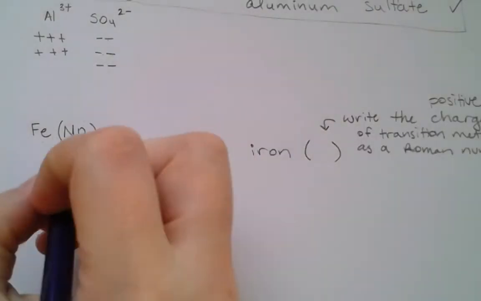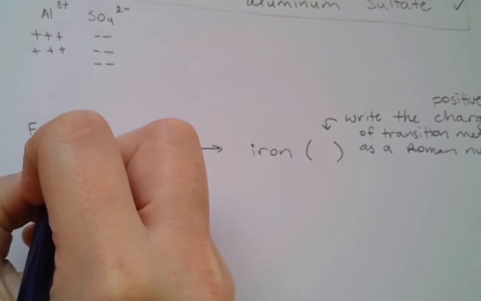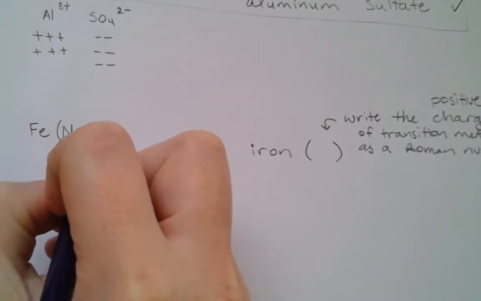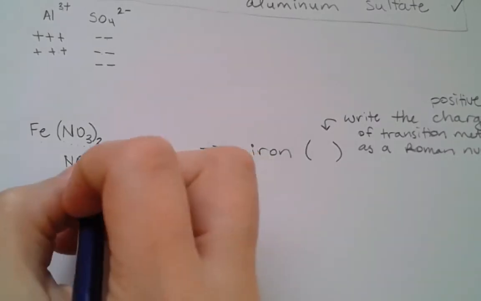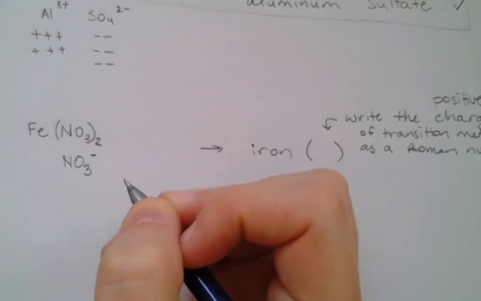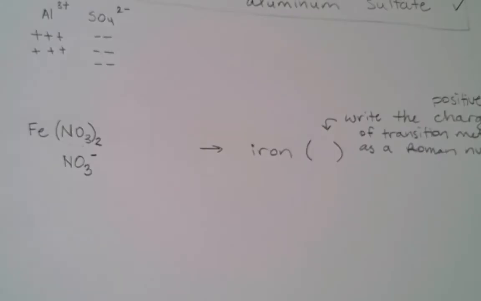Take that back with you. You just figured out that NO3 has a charge of -1. You're like, yeah, duh. Okay, why does that help you? How many nitrates do you have? You've got 2 nitrates.